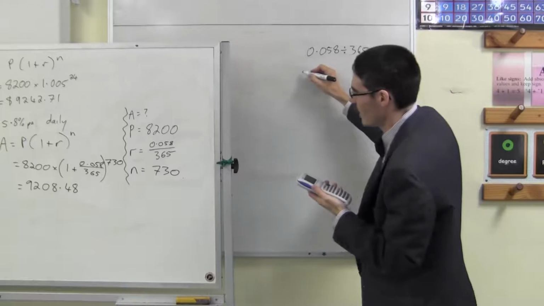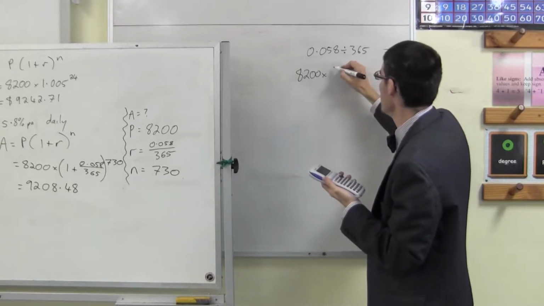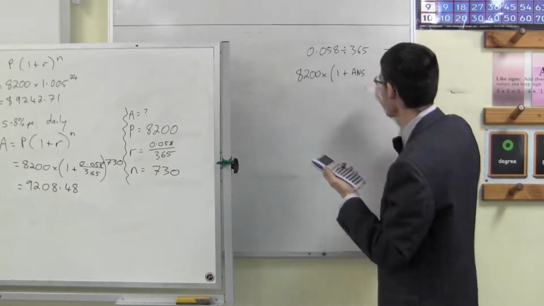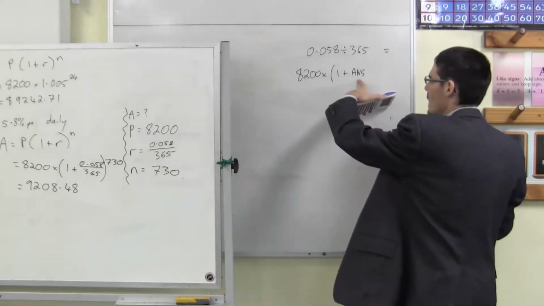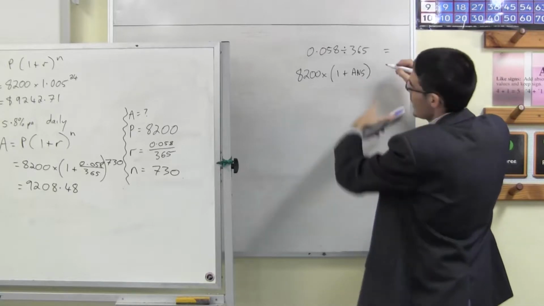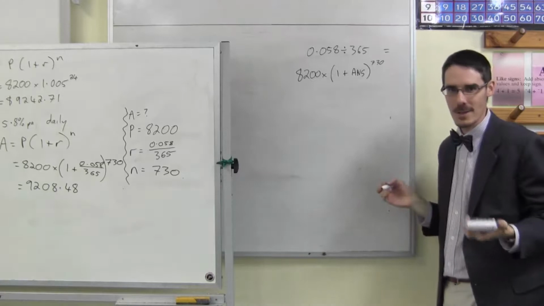Then you're going to go 8,200 times bracket 1 plus and find your answer button. On my calculator it's down the bottom, but wherever it is on yours. 1 plus, that means the last answer I had, brackets, to the power of 730. Either way will get you the same answer.